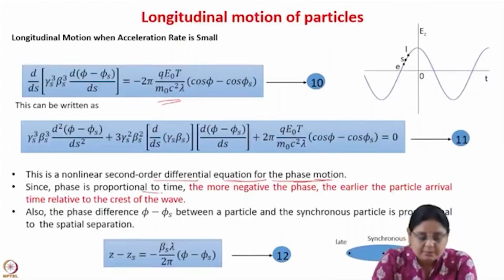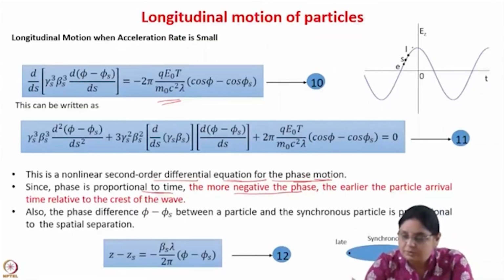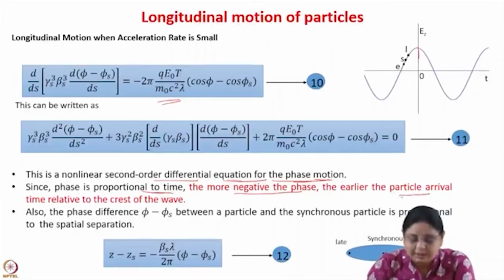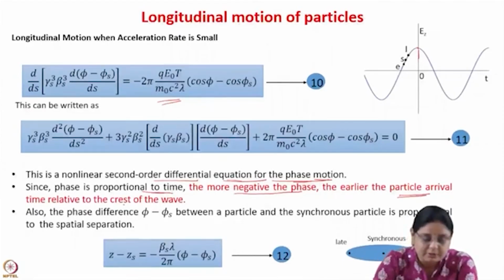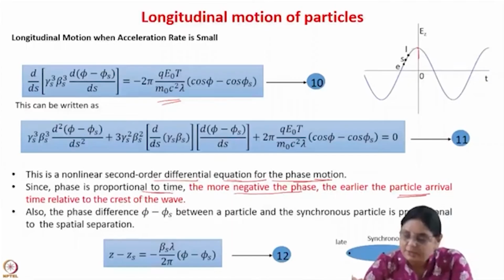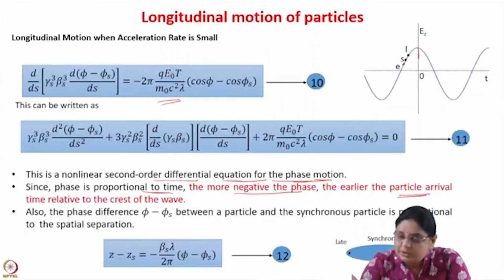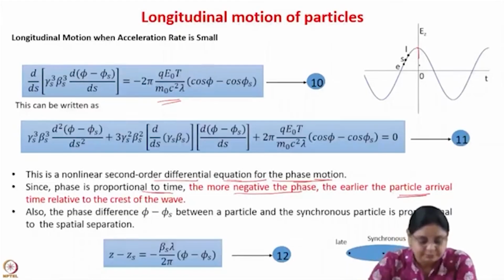Now phase is proportional to time. So the more negative the phase, the earlier the particle arrival time relative to the crest of the wave. So the early particle is more negative with respect to the phase at the crest.